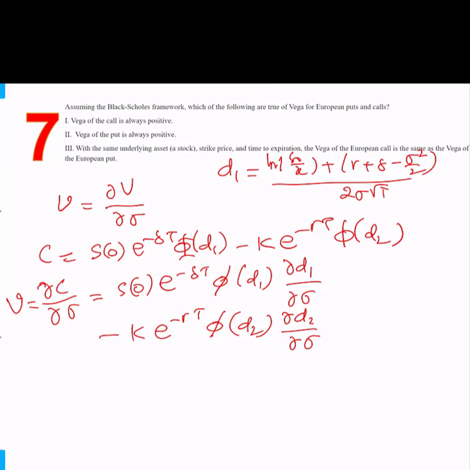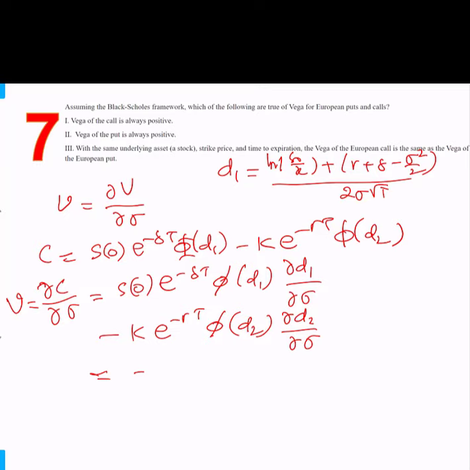This one should be negative, because the partial derivative of d1 with respect to sigma is negative.